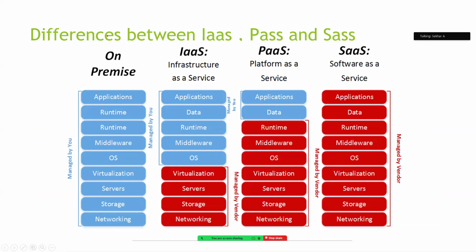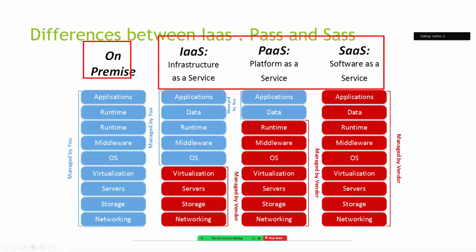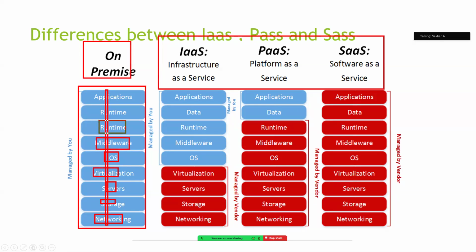Next, so this is the one slide. Important difference between on-premises and cloud. On-premises means very simple. Everything you have to take care of: networking, storage, database, virtualization. Next, middleware and runtime, application, everything we have to take care of. So that is on-premises.